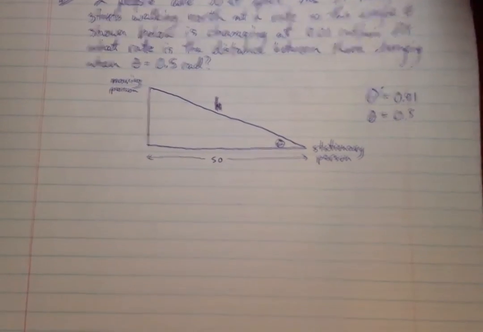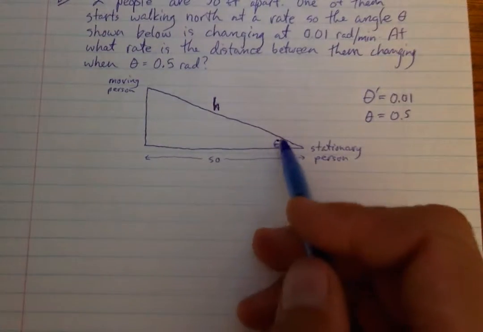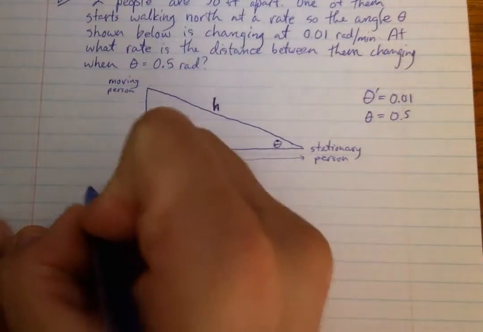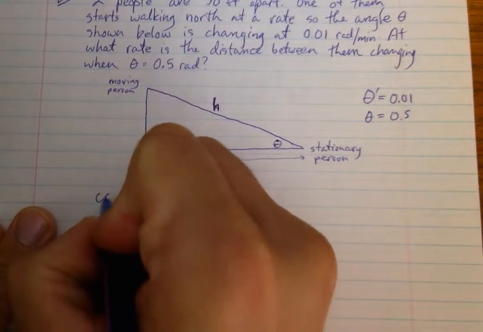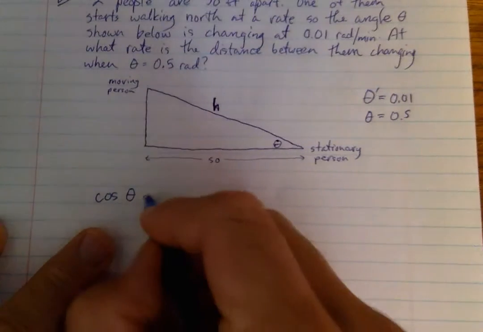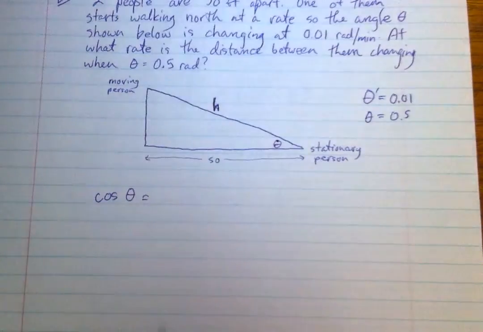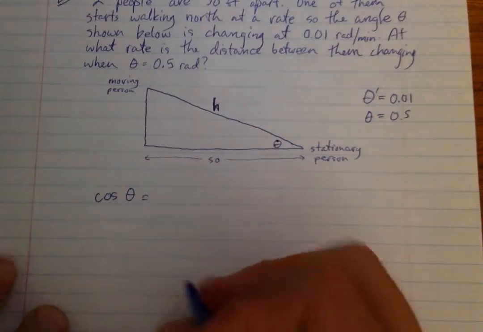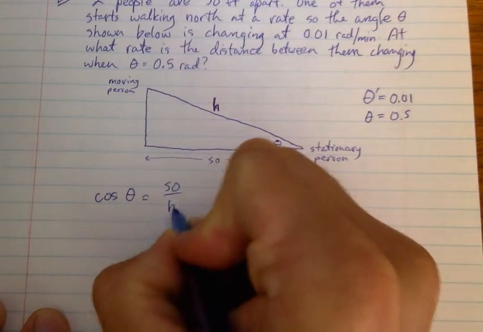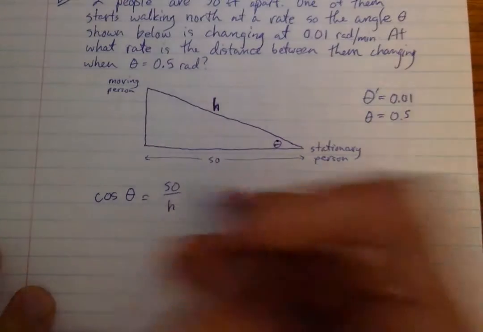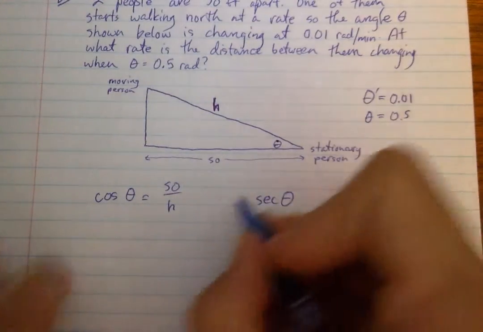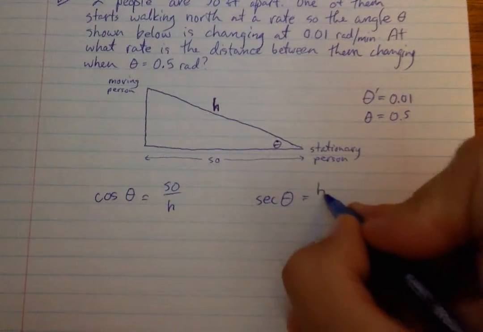Well, there's the Pythagorean theorem, but we've got an angle. So why don't we instead use something like, well, there are two ways to go about this. We could say the cosine of theta, remember cosine is equal to adjacent over hypotenuse. The adjacent side is 50, so 50 over h. Or it might be more convenient to say the secant of theta, which is just the inverse of cosine, is equal to h over 50.